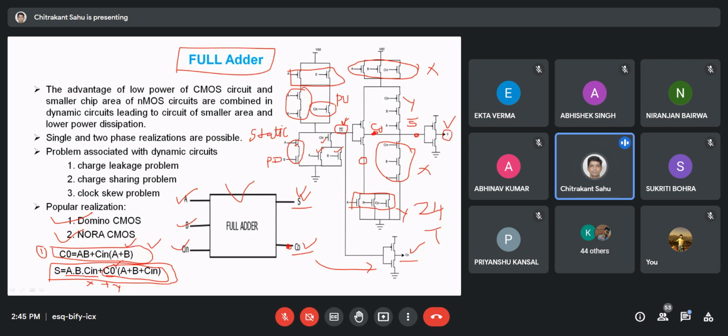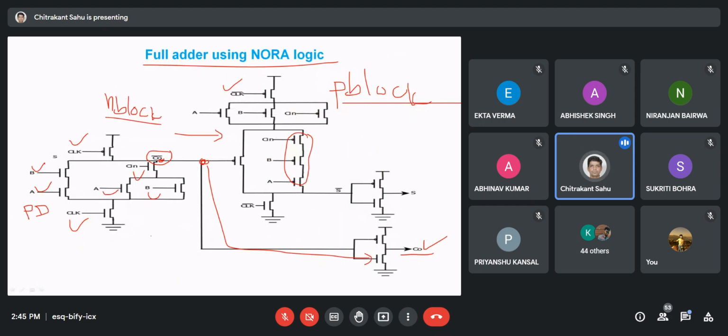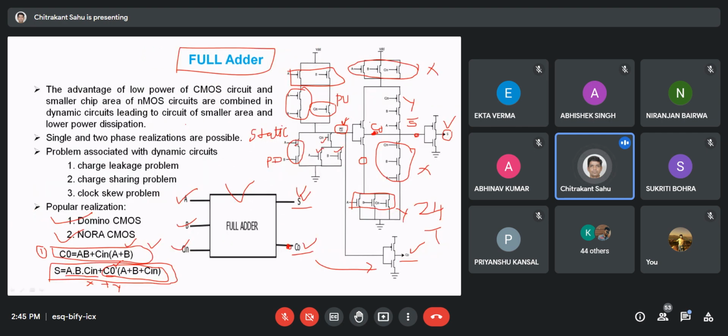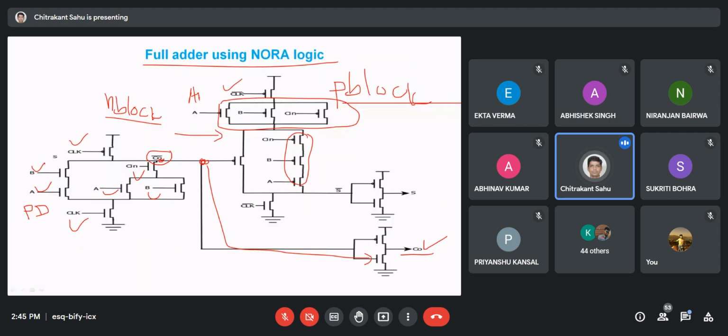That plus means, in the P network, what is the meaning of plus? That they should be in series. So A, B, C will be there in parallel. So that will make A plus B plus C. Sorry, that will make ABC, right? This will make ABCin, and this will make A plus B plus C in, right?